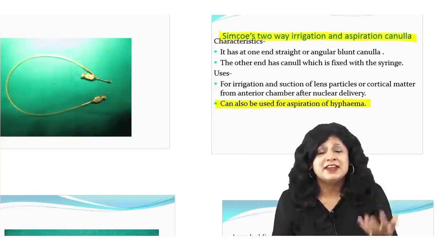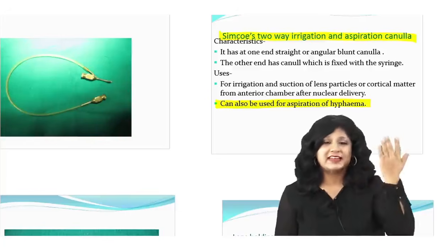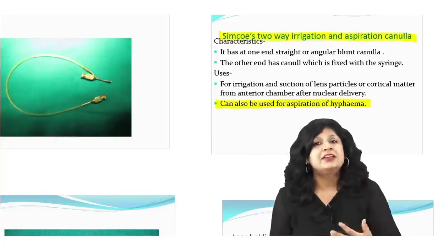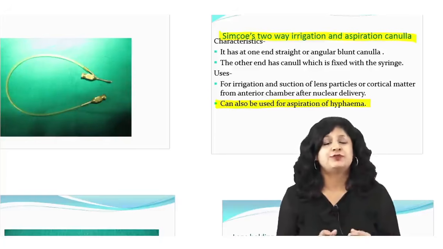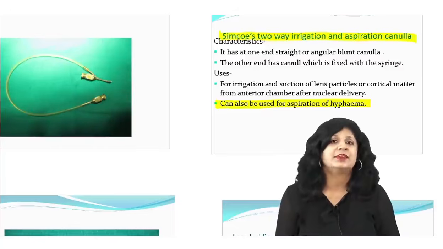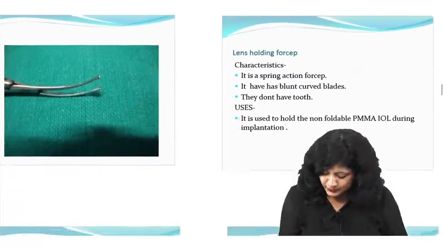Maybe the pressures are very high and you can't just rely on the head end elevation or bed rest. So for that you can do the AC wash, and for that AC wash also we can use this irrigation and aspiration cannula. Alright.